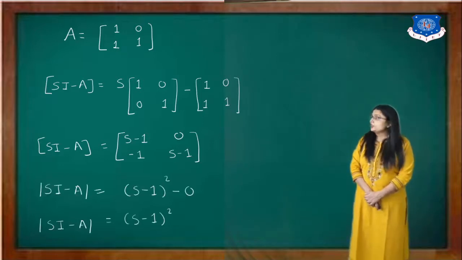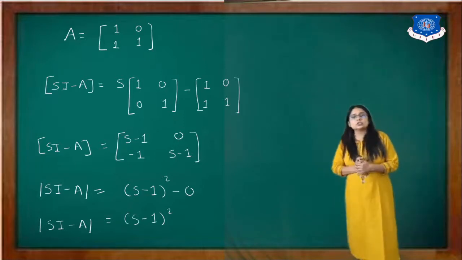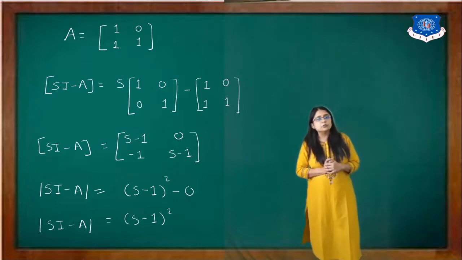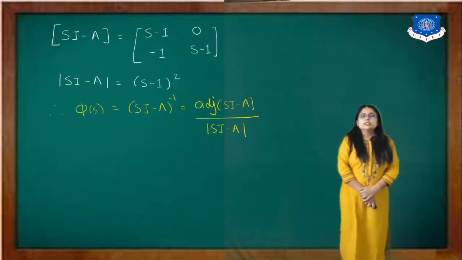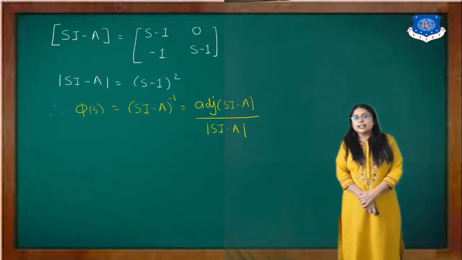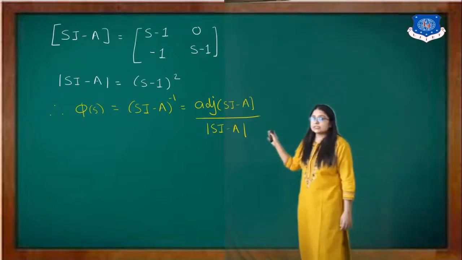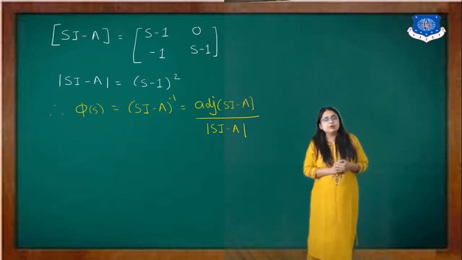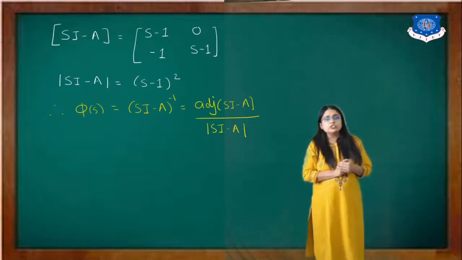Now the magnitude of sI minus A: by cross multiplication, we get (s minus 1) whole square minus 0, which is nothing but (s minus 1) whole square. Now we want to find the adjoint of sI minus A, because (sI minus A) inverse is the adjoint of sI minus A upon the determinant of sI minus A. How do we calculate the adjoint?